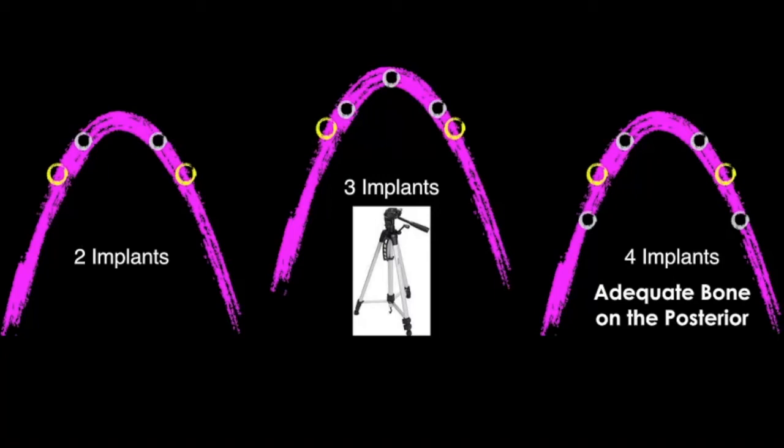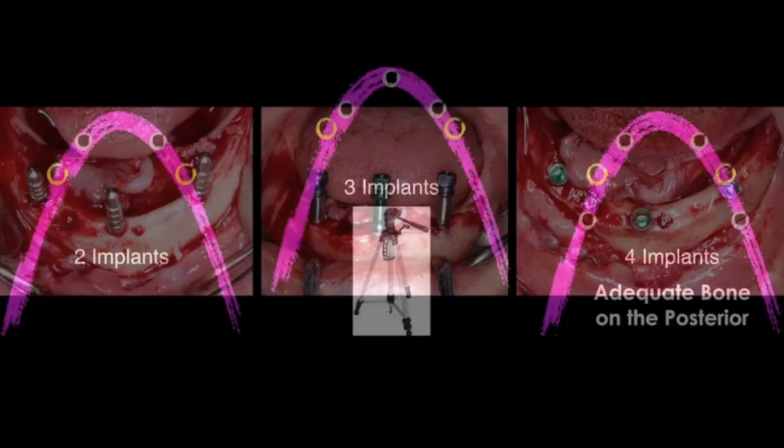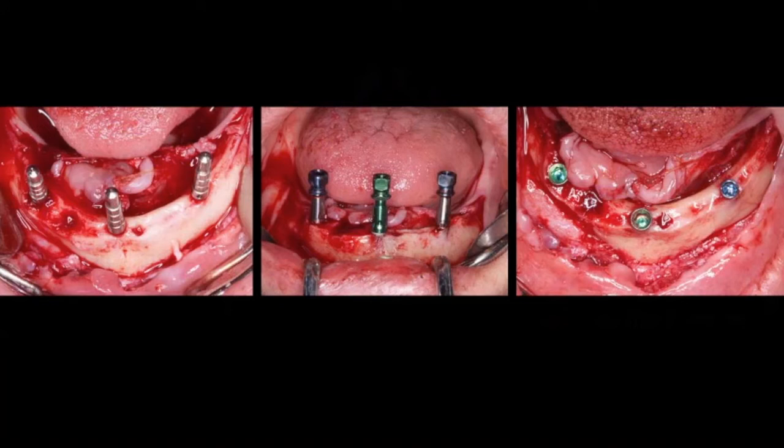What is the key for success? The key for success is to place those implants in the anterior zone, 2 or 3 in this case, below the retromolar area. What that means for you is that you have to do enough bone reduction so that the anterior segment of your ridge is at the level of or beneath the retromolar pad.